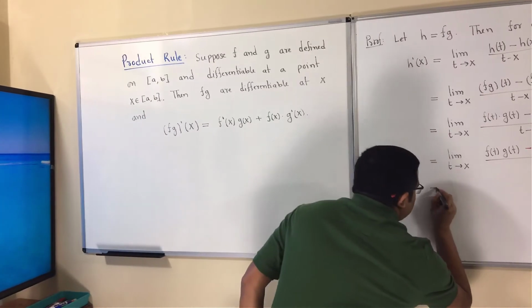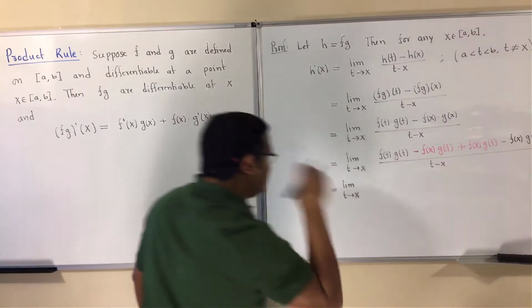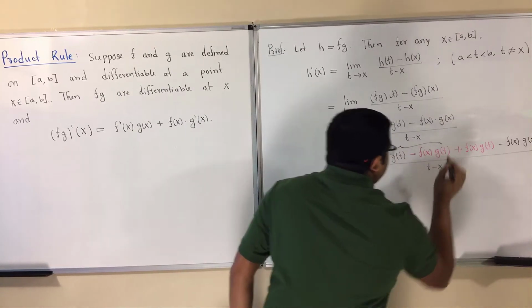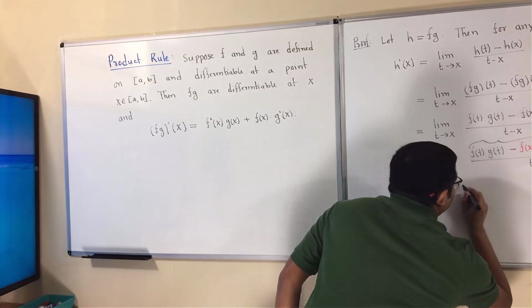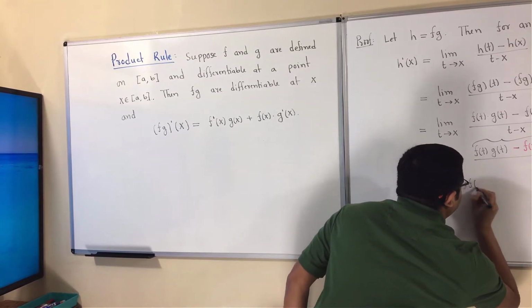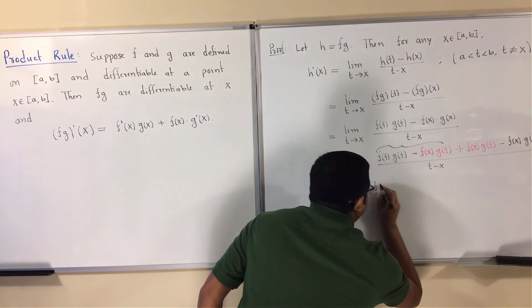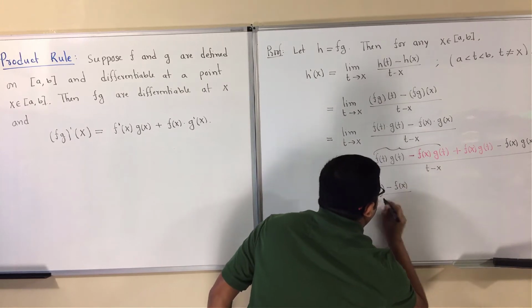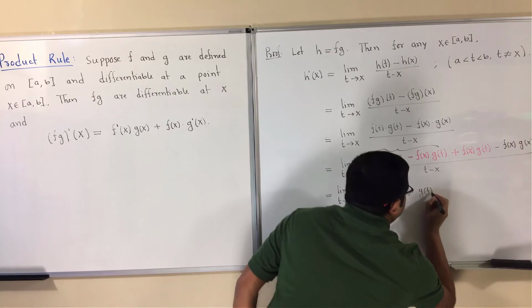Now what we can do, we can rearrange this. From the first two terms we can factor out g of t. So if we factor out g of t, then it becomes f of t minus f of x over t minus x times g of t.